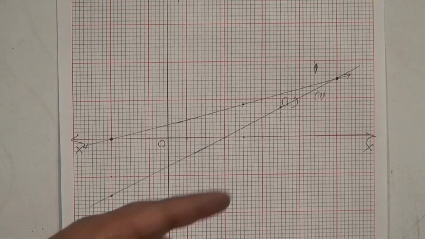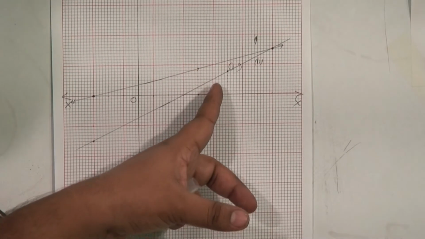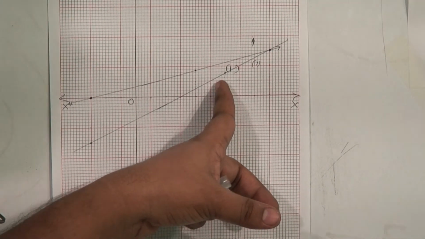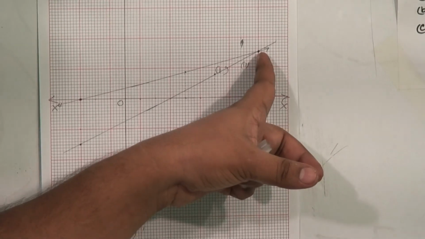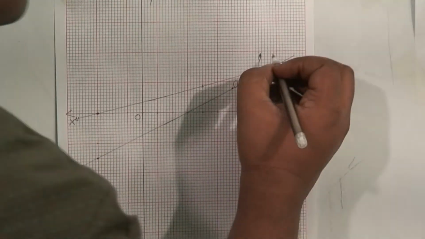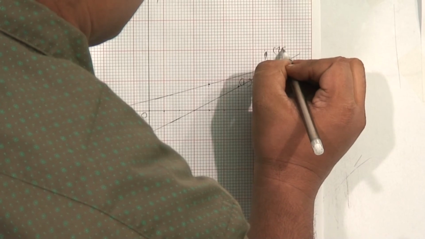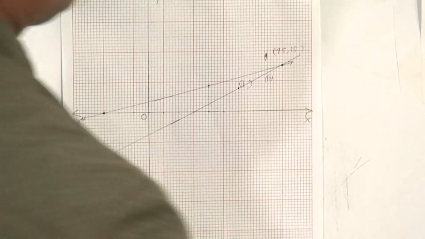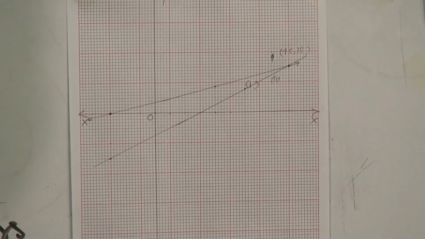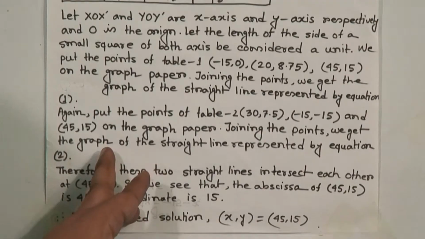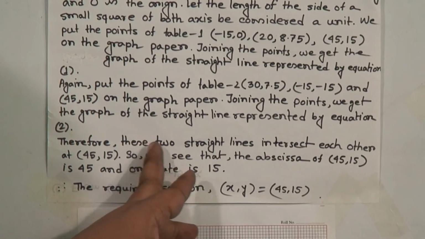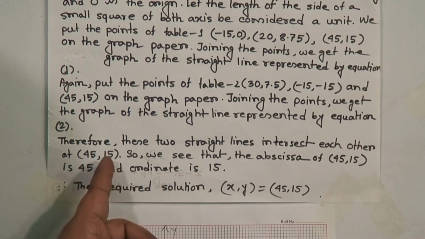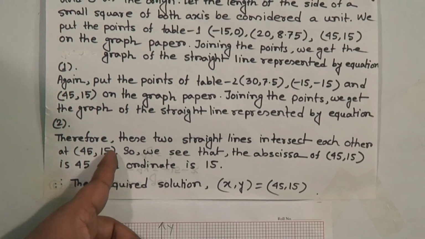Dear student, notice the graph of the first equation and the graph of the second equation intersect at this point. The point name is (45, 15). These two straight lines intersect each other at the point (45, 15).